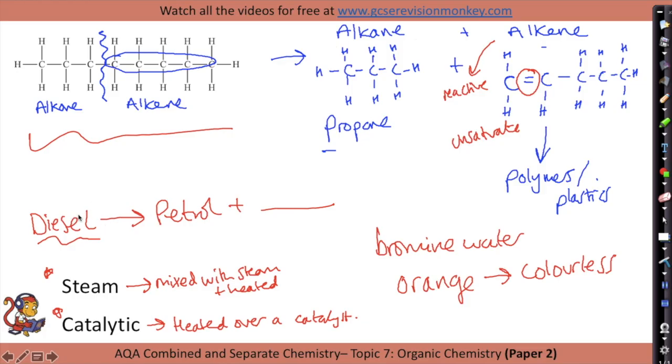Well, for example, if the demand for diesel cars went right down and the demand for petrol cars and petrol as a fuel increased, you might suddenly need to turn a lot of your diesel into petrol to meet that demand. So regularly in the exam they'll talk about the supply that's available against the demand from the consumer and ways to get around it.